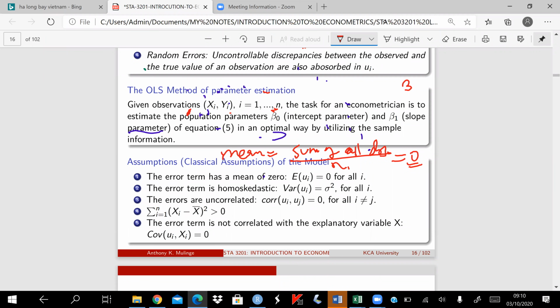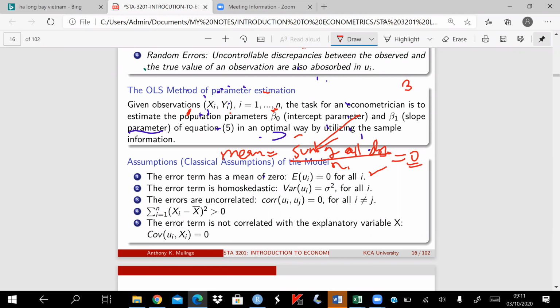We can only get a mean of 0 if the sum of all the observations is 0. That means we expect the sum of all the errors to be equal to 0. Usually it may not be exactly 0, but should be very, very close to 0, so that when you divide by n, you also get something not very different from 0. So that's the first assumption. But the ideal situation is when you sum and you get the actual value 0.